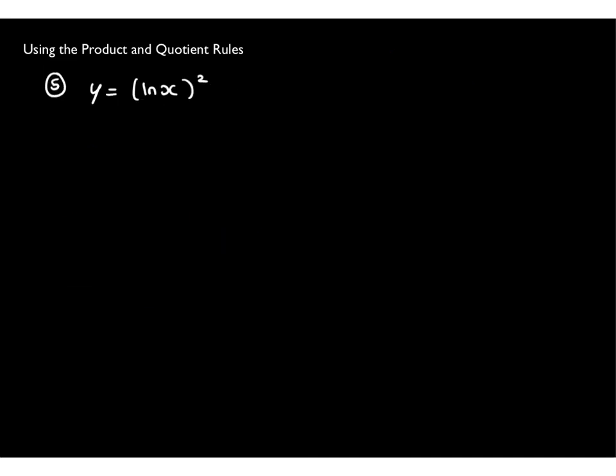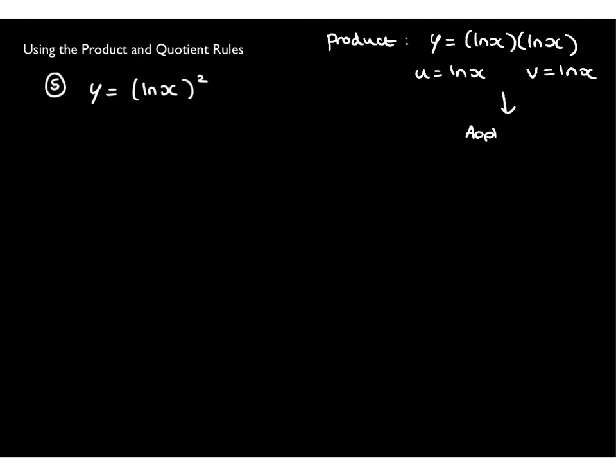Now, question 5, really interesting question, because we could write this as a product and apply the product rule if we wrote it as y equals ln x, ln x. And we could just say u equals ln x, v equals ln x, and then just apply the product rule. And you can have a look at doing that yourself.